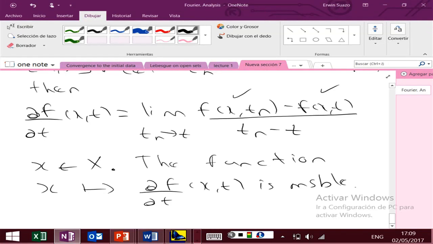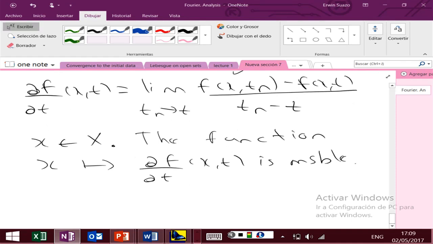Because each time that I take the integral of a function, I need to make sure that function is measurable. Otherwise, this theory cannot be applied. So this is just making sure that everything is correct.